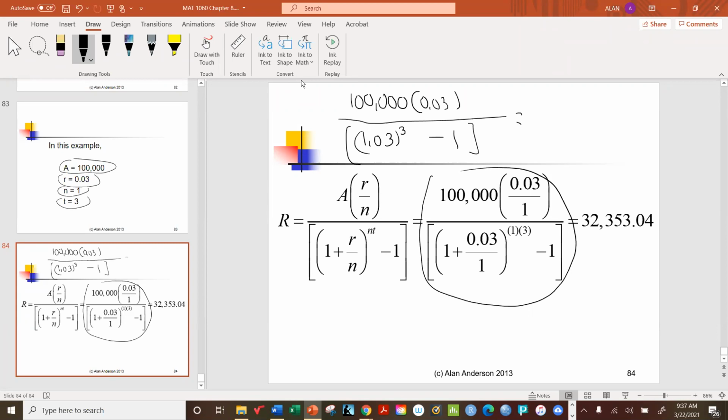In fact, what I can do is simplify the numerator even further. Okay, now what do we do with this one? Here's a possibility. 3,000. Now this one involves parentheses, by the way.